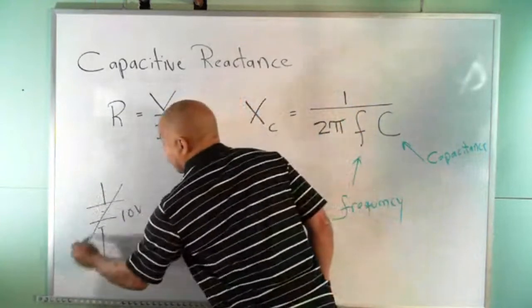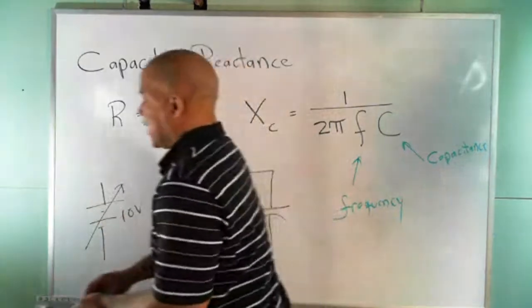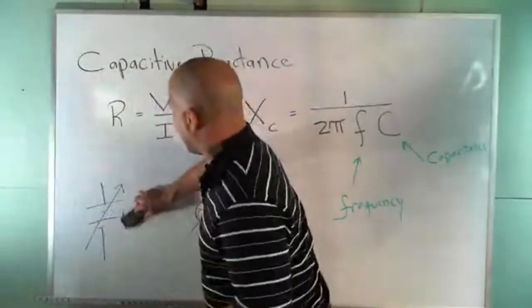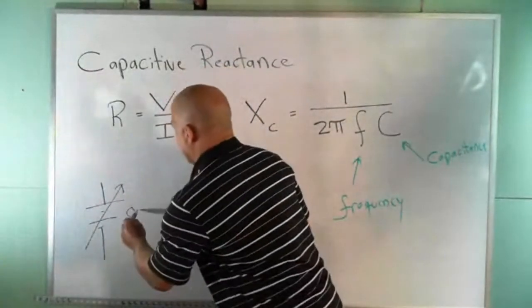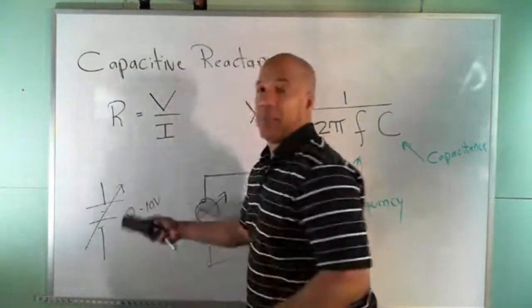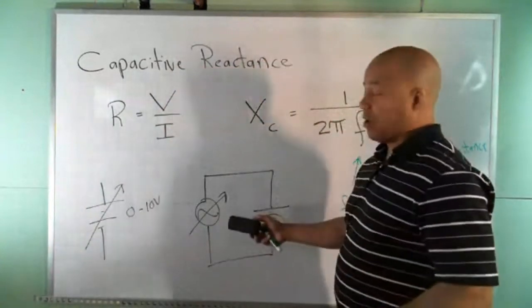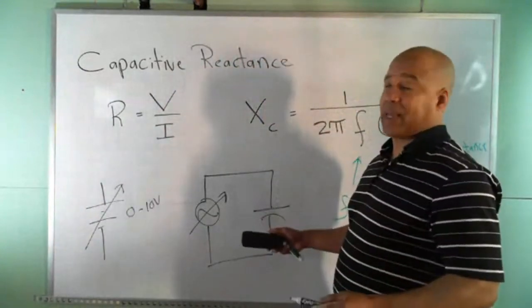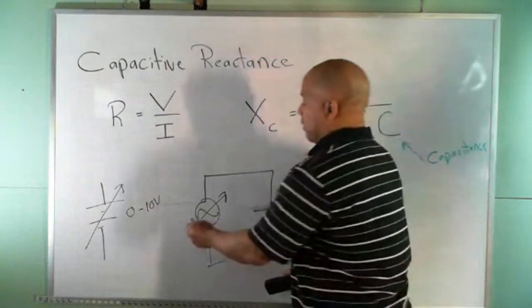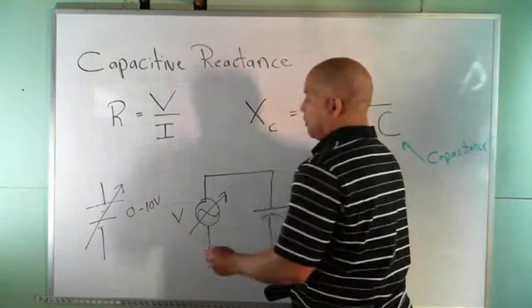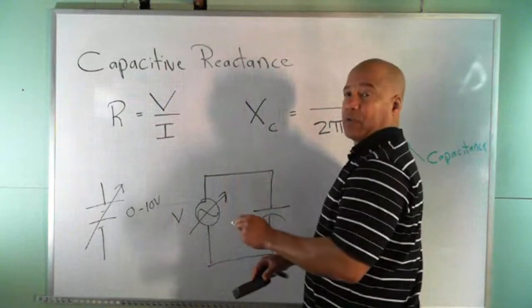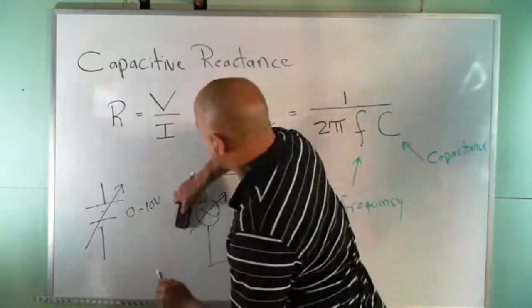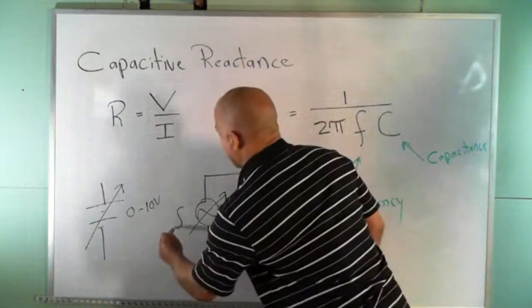But if I put an arrow through it like that, then what I'm trying to indicate to you is that I can change that from maybe 0 to 10 volts. So that's variable. Well, I can have the same thing over here with AC, but with AC, I can vary the voltage, give you more or less peak voltage, or there's no reason why I can't vary the frequency.